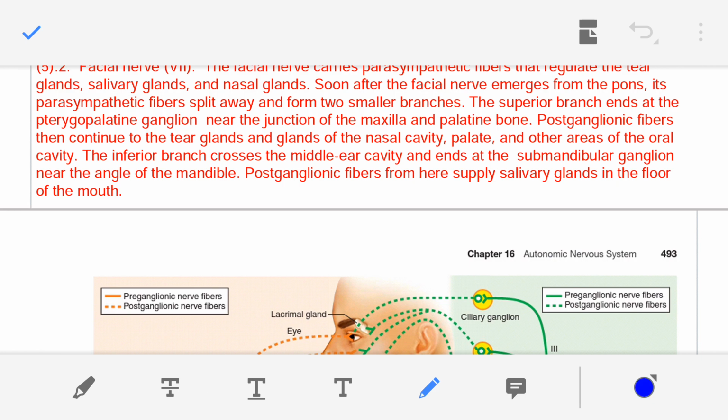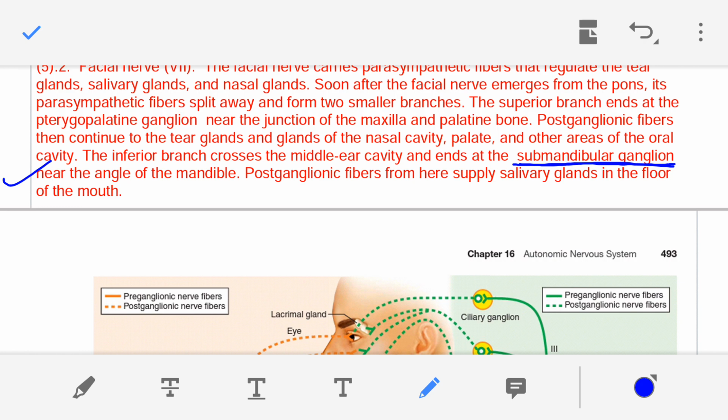And where is this submandibular ganglion present? Near the angle of the mandible. Inside this ganglion there is a synapse between the preganglionic fiber and the postganglionic fiber.